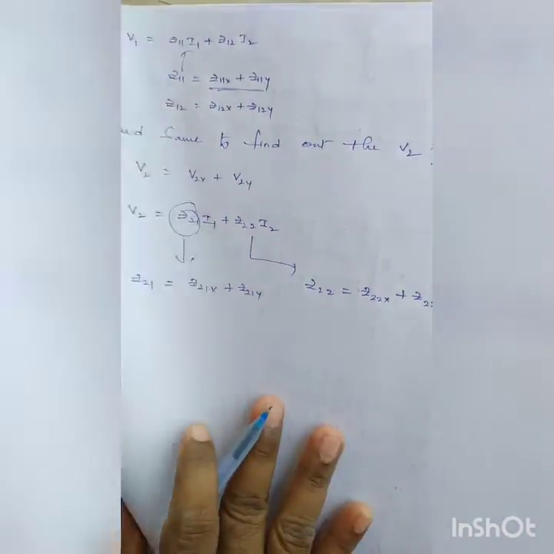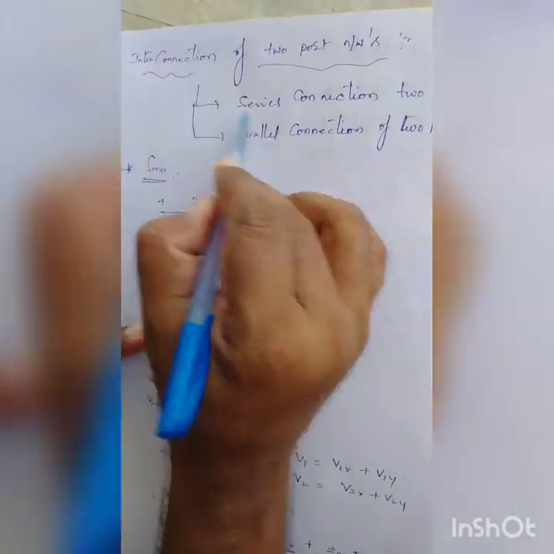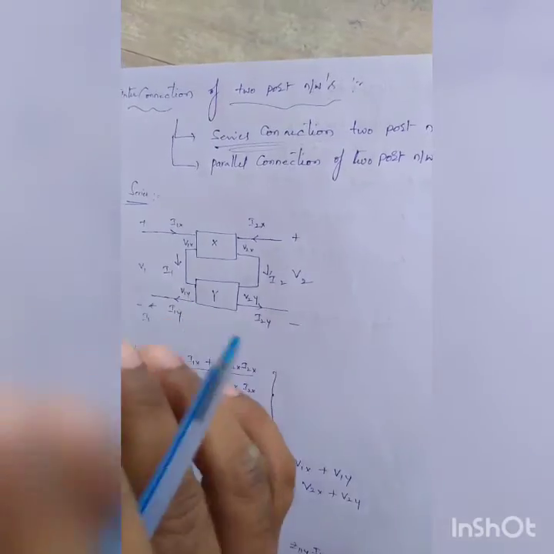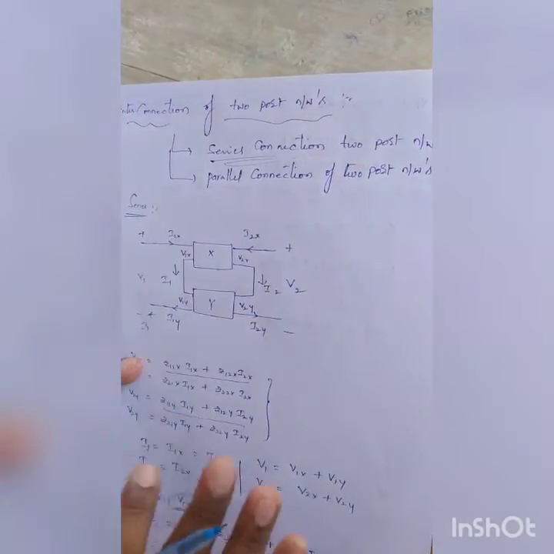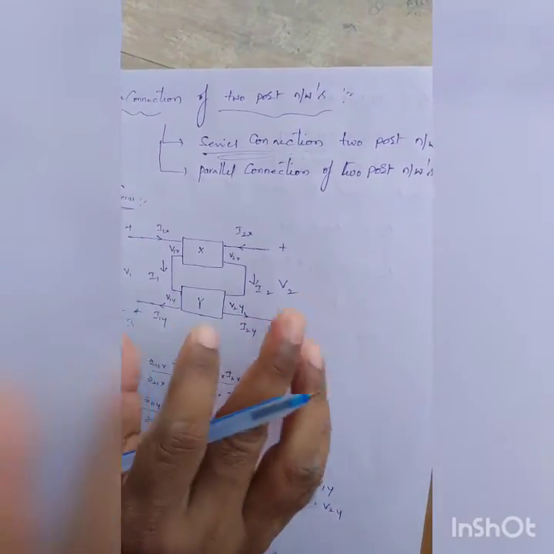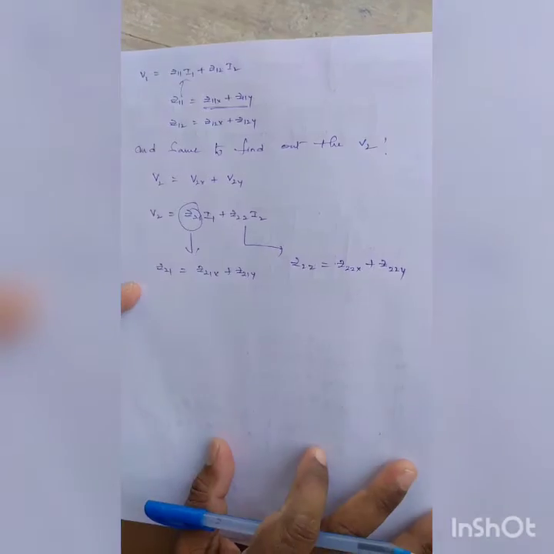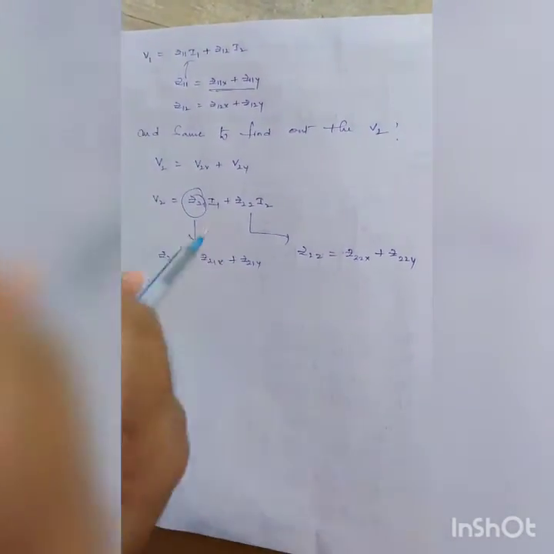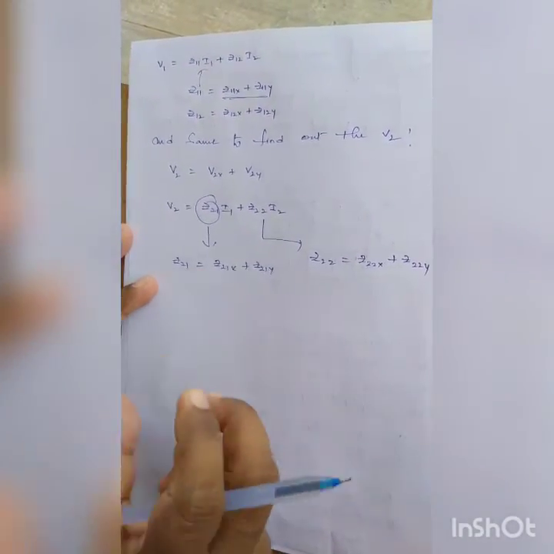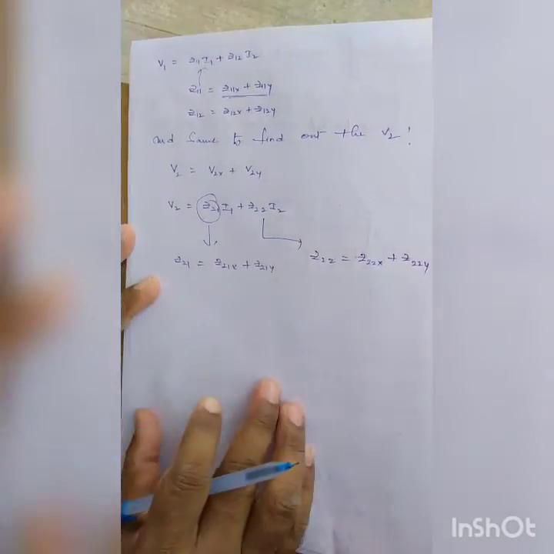This is also known as series connection, where two ports are connected in series. This is called series connection of two port networks. And the next one is parallel connection of two port networks. Similarly, we connect the x component and y component in parallel.